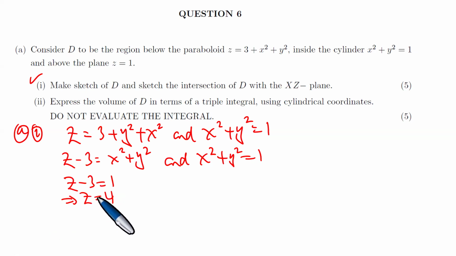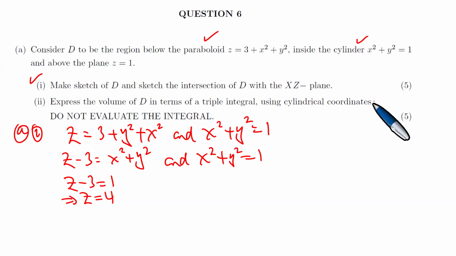Now, if z equals 4, what does this mean? By substituting one equation into the other, we are looking at the intersection of our paraboloid together with the cylinder.